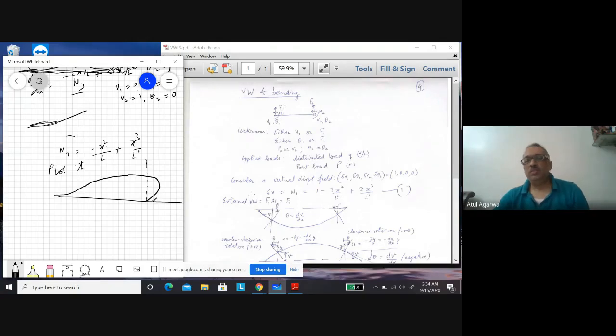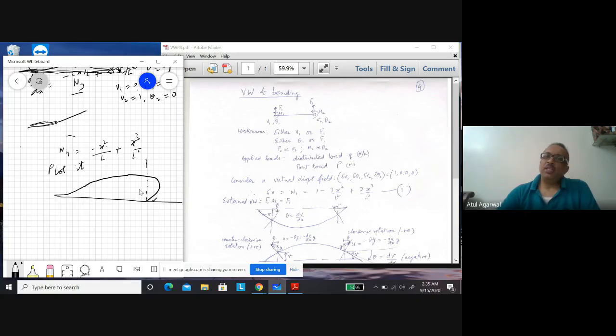As you see, it is positive when it is in the upward y direction. And external moment F1, you see it is again positive when it is counterclockwise. Similarly, external force F2 and M2 are applied at node 2.